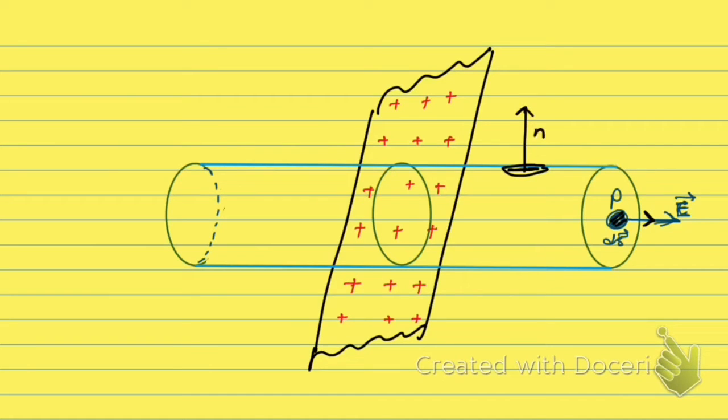Here this is the direction of unit vector of the area vector of the curved surface at this point, and here is the direction of electric field. So angle between them is 90 degree, and here you see at this end, direction of electric field and area vector ds is also same again here, right?